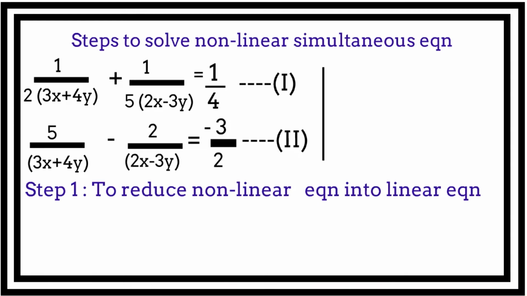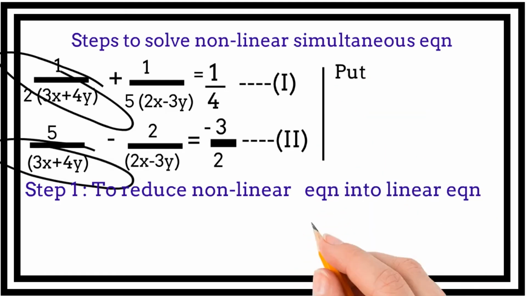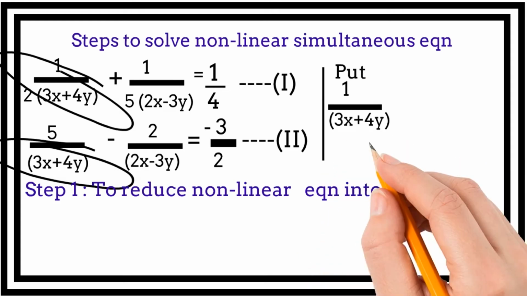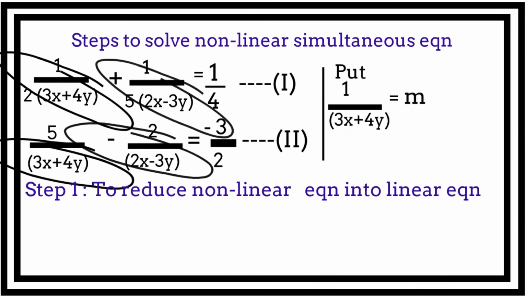In step 1 we will convert the nonlinear variables with common terms from both the equations into linear variables. This means you can see that in both equations 1 upon (3x plus 4y) is common. So I will replace this 1 upon (3x plus 4y) with another variable, let's say m, and 1 upon (2x minus 3y) is again common in both equations.